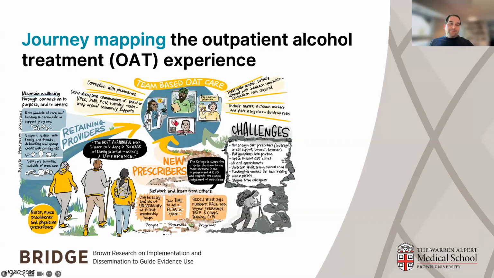We began by doing some journey mapping work with a set of participants who were exhibiting heavy alcohol use, to understand their preferences broadly for specific services and their experiences receiving screening and brief interventions for alcohol use disorder. What we learned is that people did not have a lot of exposure or experience with these types of services, even though they expressed a really strong desire to reduce their alcohol use.